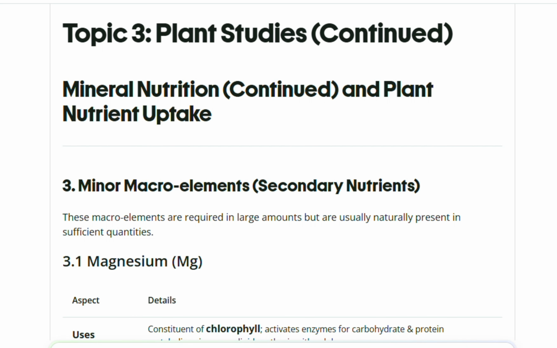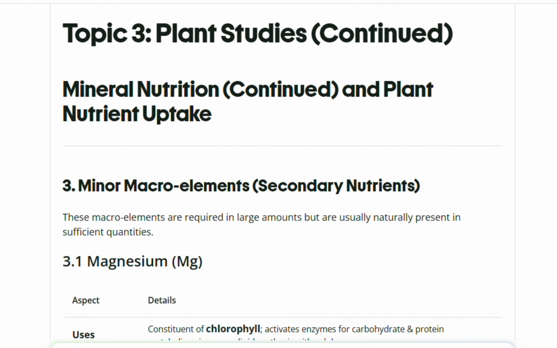We are still on plant studies, and now we are on mineral nutrition and plant nutrient uptake. We did the major macro elements, and now we are doing the minor macro elements, the secondary nutrients.